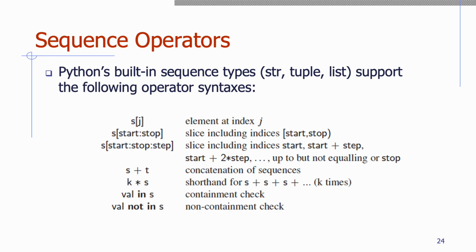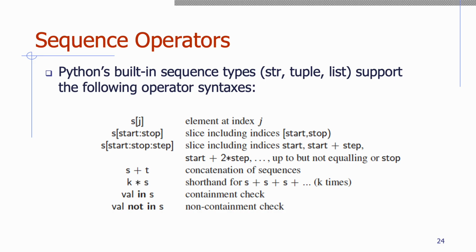We have another operator here that means slice, including indices, with start included, stop excluded. And we have another one here, slice including indices, start, incrementing by step until the stop.